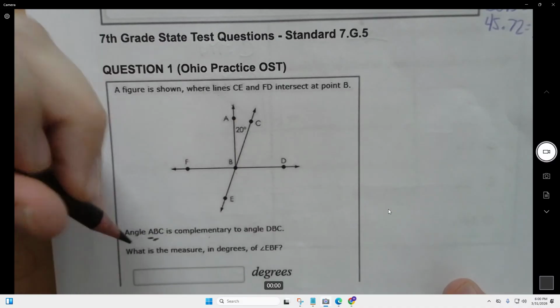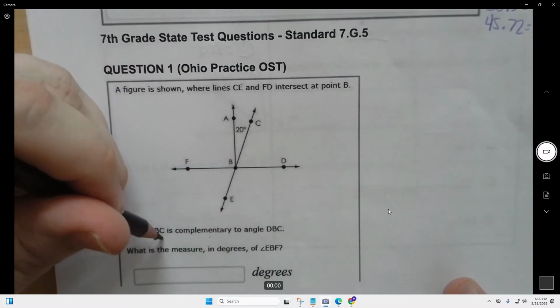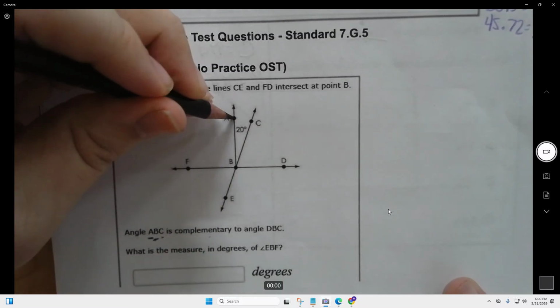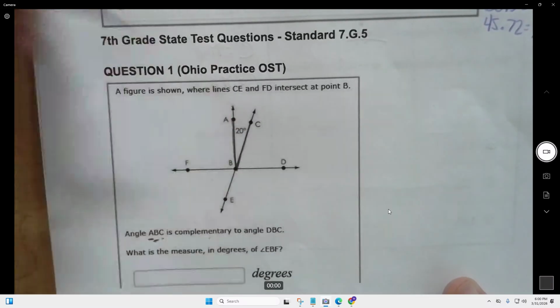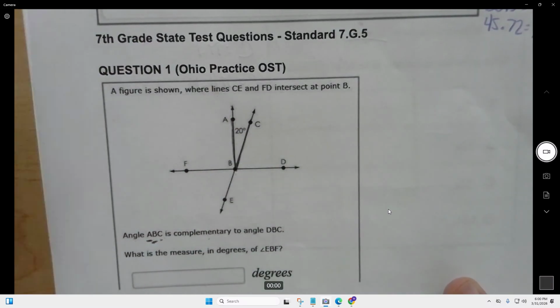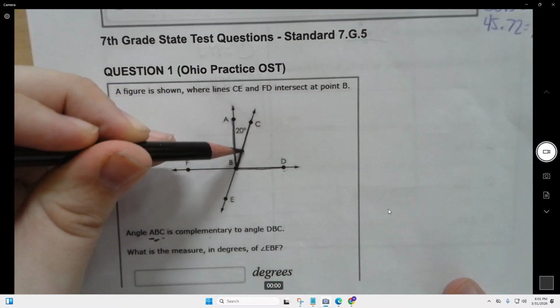The middle letter represents your vertex. That's where the angle bends or starts. And you end at the third letter. So angle ABC is complementary to angle DBC.